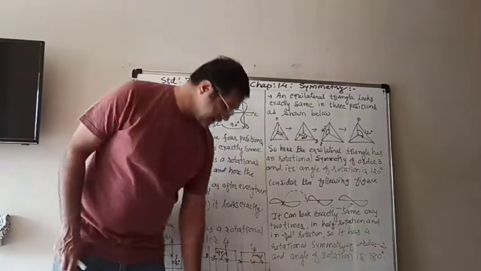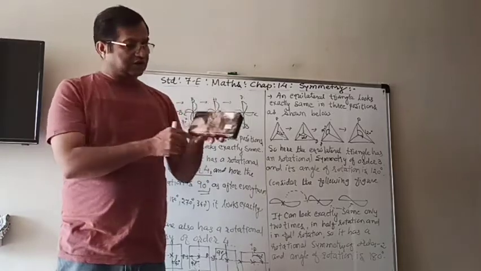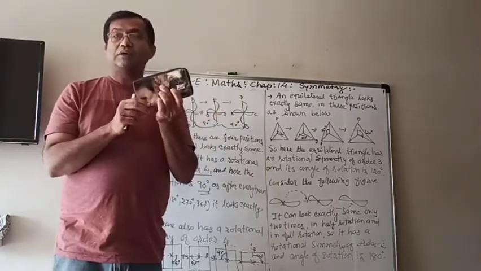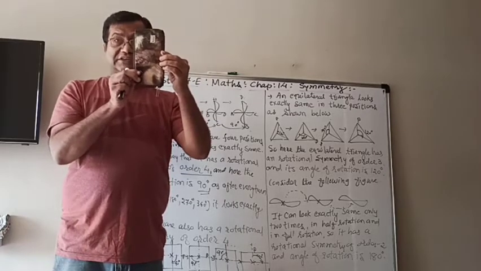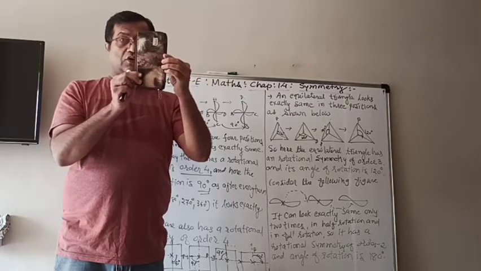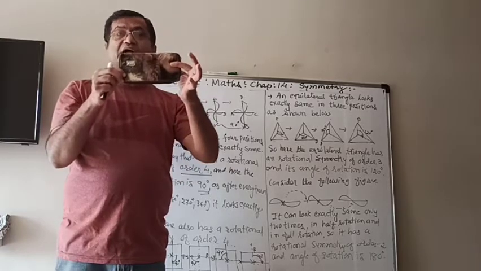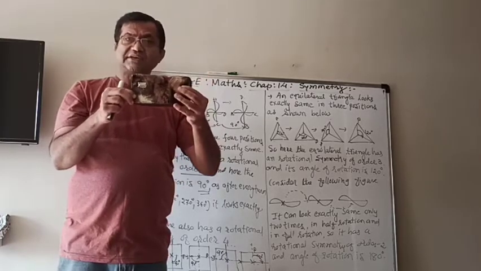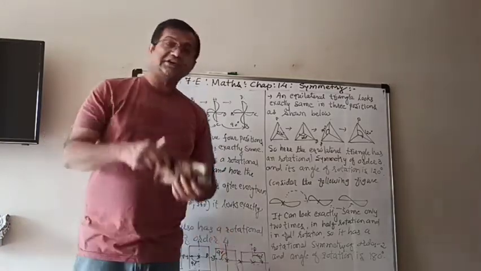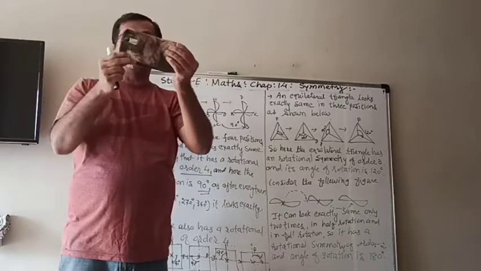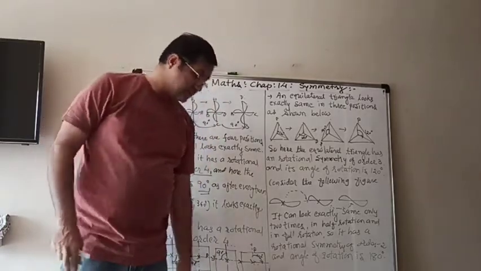Similarly, if you take a rectangle, suppose, think that this is a rectangle. Now, if I move it around 90 degrees, does it look exactly the same? No, its position is different. But again I turn it like that, then yes, it looks the same. So 2 times in a full turn, from here to here, 1 and then 2. 2 times it looks exactly the same.